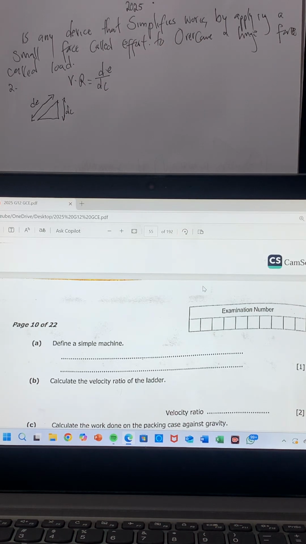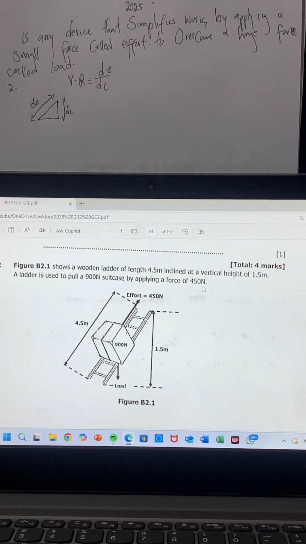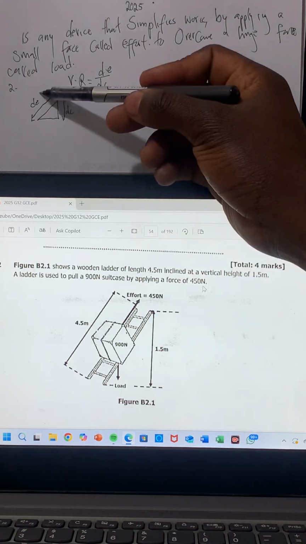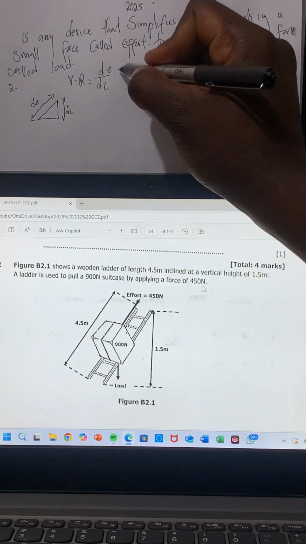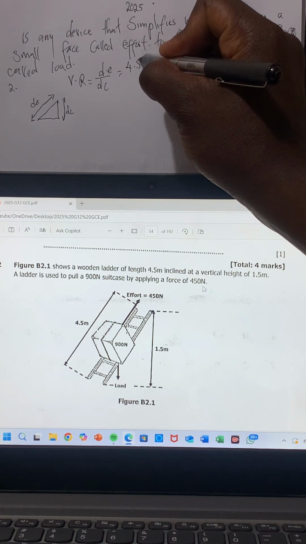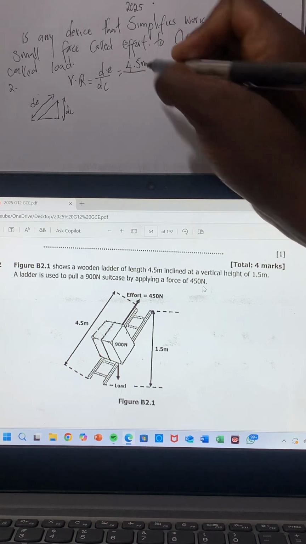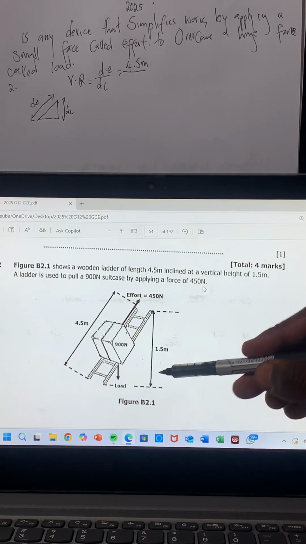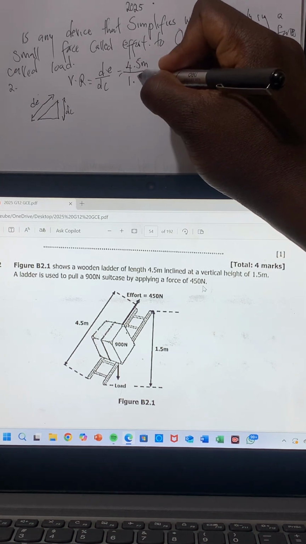So let's go back to the question. Which one is our distance moved by the effort? It is 4.5 meters. Which one is the distance moved by the load? The distance moved by the load is 1.5.